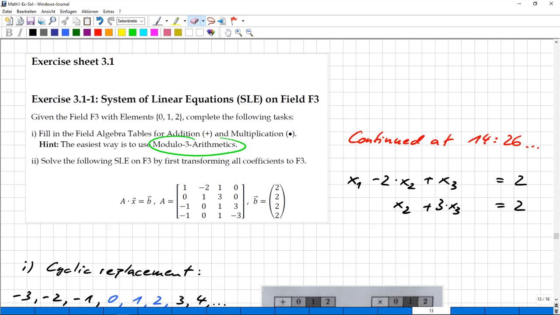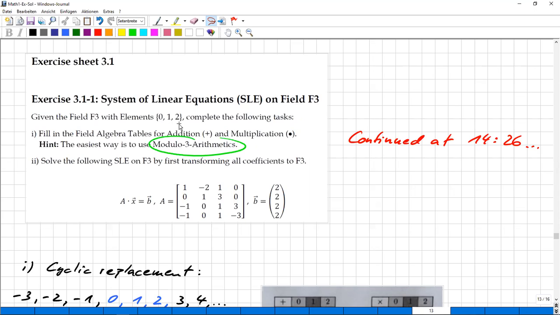That's clear, I think. The other specialty here is that we are using the so-called F3, which is a field, as you know, something very special in mathematics, or you could say unconventional, at least for general purposes, because we only have a set of 3 numbers, these 3 elements.